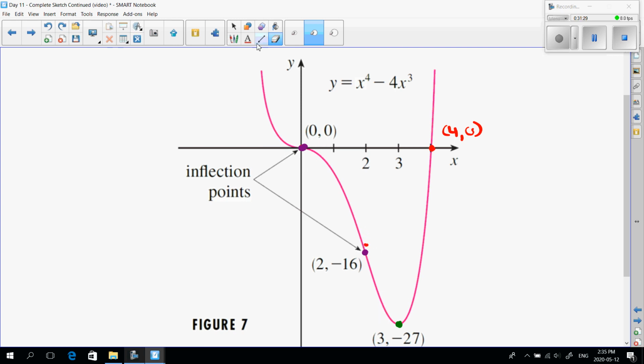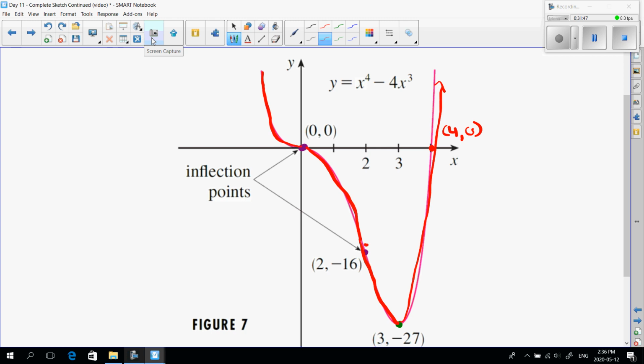Okay, so I will erase those and just kind of highlight the last portion of intervals of concavity. So I have decreasing from negative infinity to 0, decreasing from 0 to 3, and then increasing from 3 to infinity. And I'm making sure to go through all of those points. I also have this portion of the curve where it is concave up. All right, look, concave up, as I said, the tangent lines would be below.